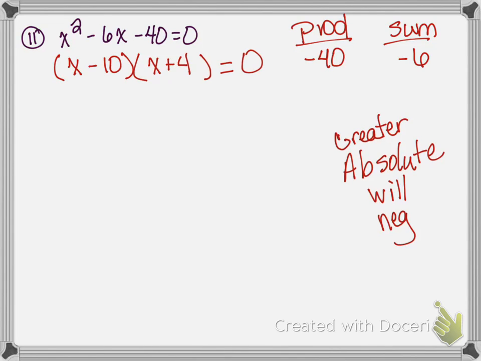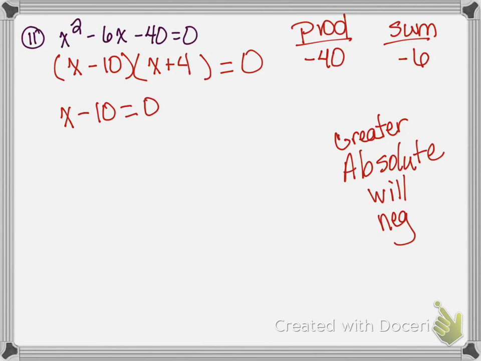The reason I can go straight from x squared minus 6x minus 40 to x minus 10 times x plus 4 is because my A value is 1. That's the only reason I can do that. If I had a 2 or a 4 or even a negative in front of that x squared, I couldn't do it.